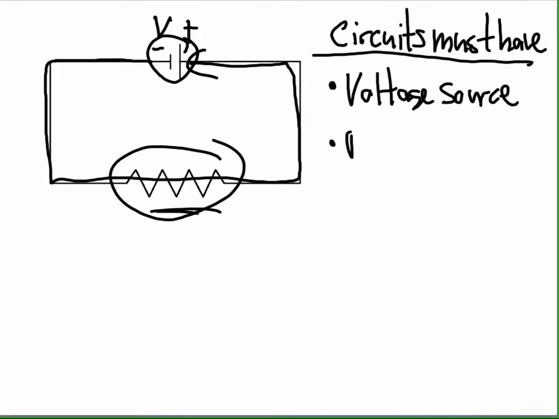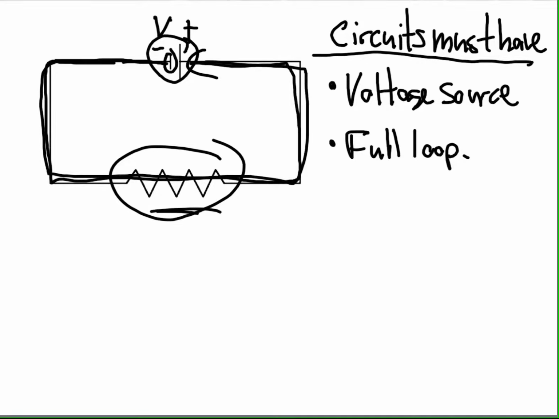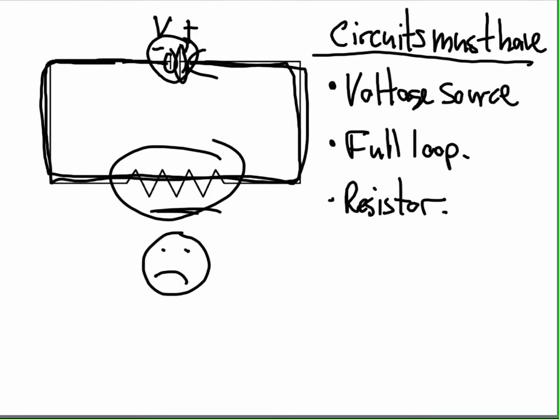They must have a full loop, because all the electrons that are here have to go all the way through the loop, drop all their energy along the way, and get here with no energy. And there has to be some sort of resistor. If there is no resistor, then we short circuit. And that's bad. Nobody wants that. Okay, so this is what we have.